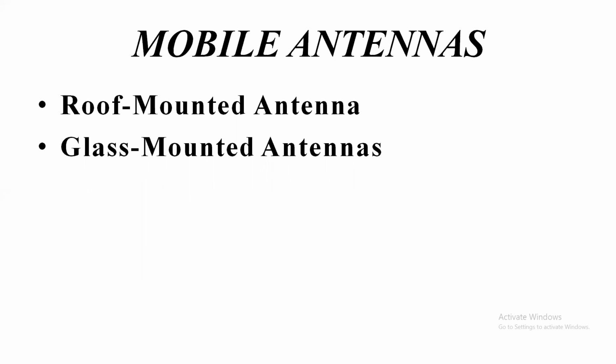That means mainly omnidirectional antennas are used for the mobile antennas. And also the antenna height is the major limitation in mobile antennas.